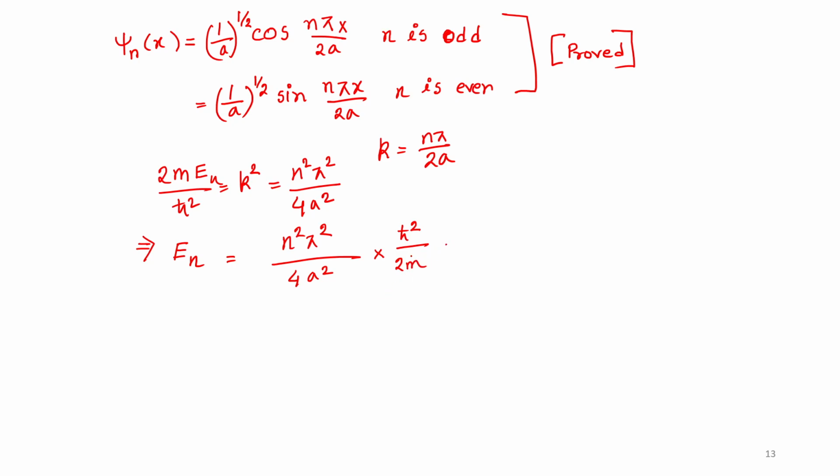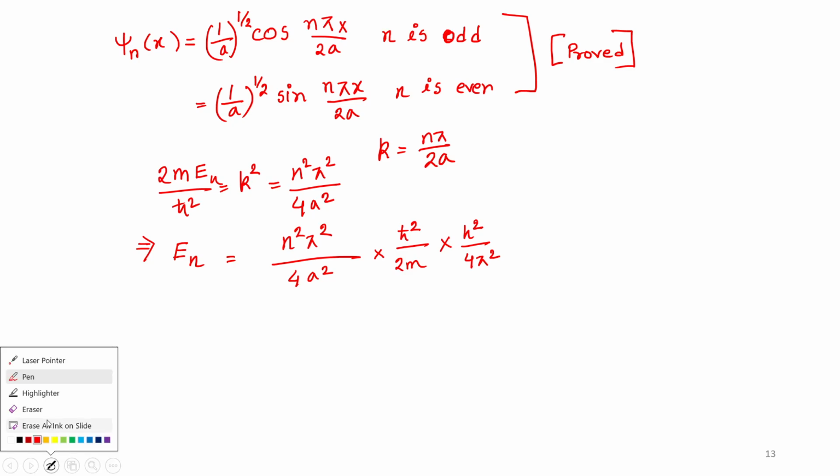Okay, what is h cut square? H cut square is h square by 4 pi square.